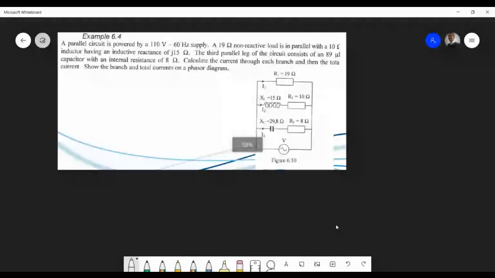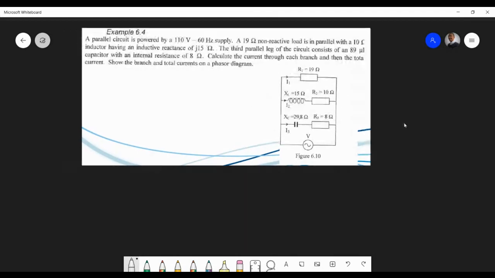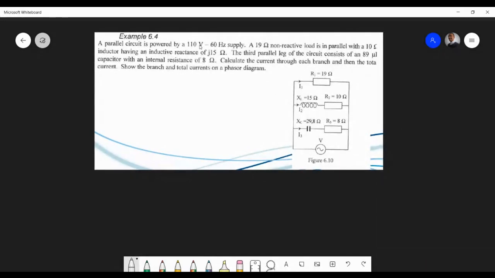So we have this parallel circuit. Have they given us everything? Not actually, I'm just working from the complete form. We have a parallel circuit powered by 110 volts, 60 hertz, an American type system.